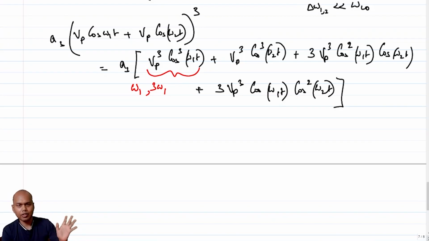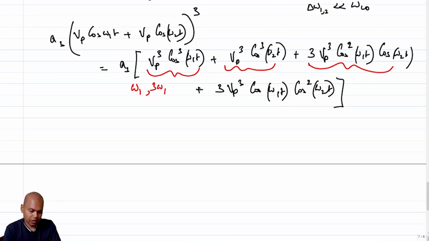That is, your a3 times Vp cube terms are not dominant, so at lower amplitude levels, whatever be the lower, we have to define that later on, we can ignore a3 Vp cube. Similarly, this will also have a similar term, but the other two are going to have something interesting.